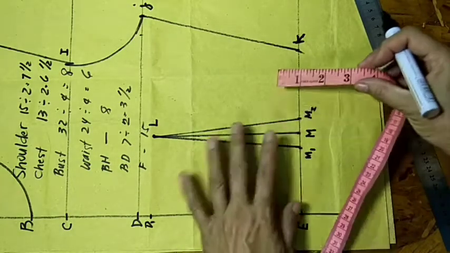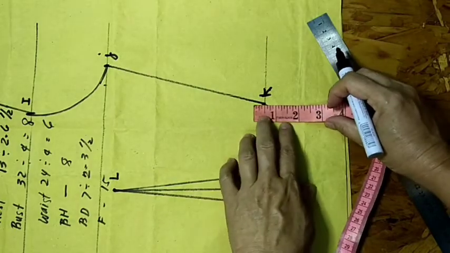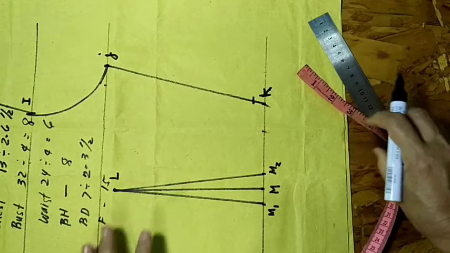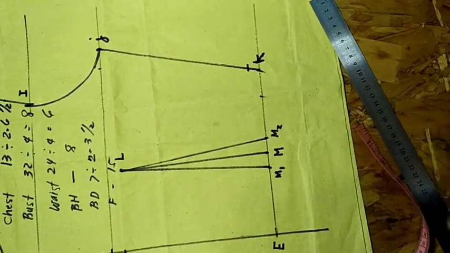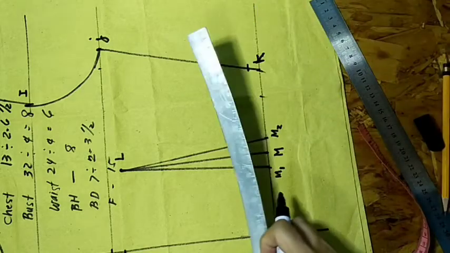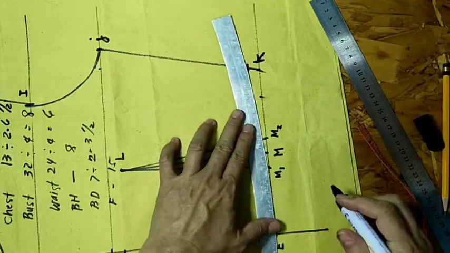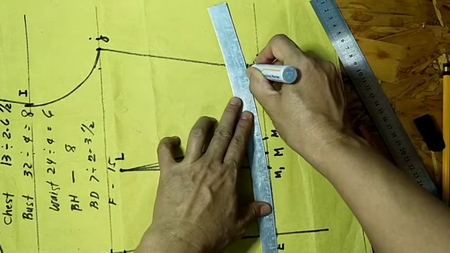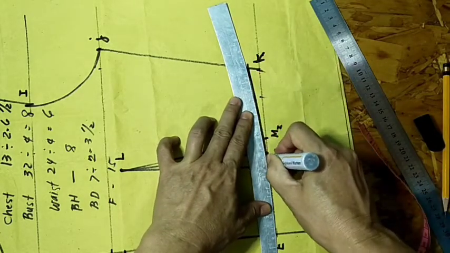Okay, next, and the last procedure, from K upward, get 1/2 inch and shape your waistline using hip curve or gauge. Connect K to M to form your waistline.